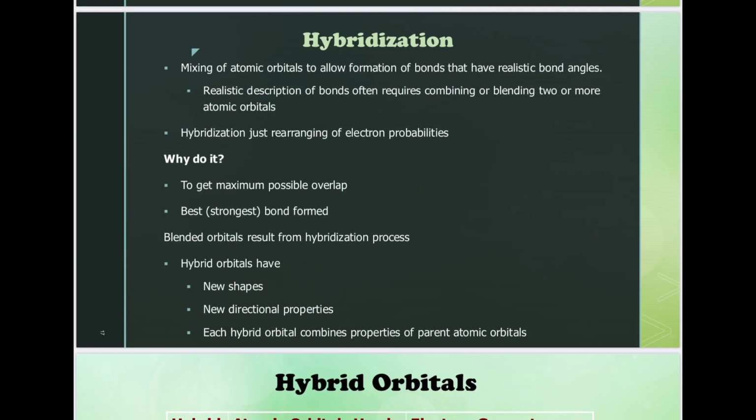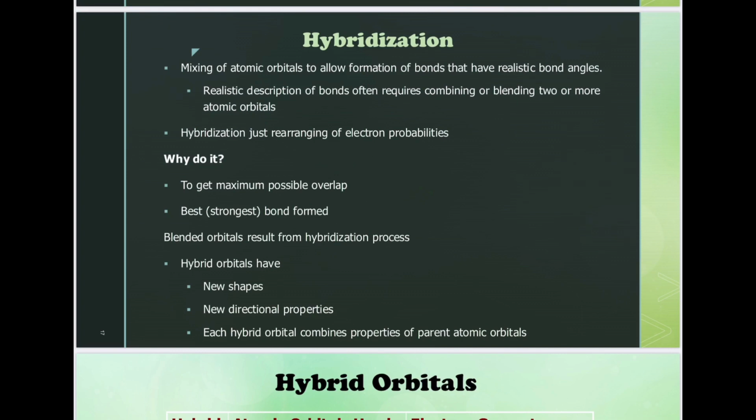Hybridization: mixing of atomic orbitals to allow formation of bonds that have realistic bond angles. Realistic description of bonds often requires combining or blending two or more atomic orbitals. Hybridization is just rearranging of electron probabilities. Why do it?